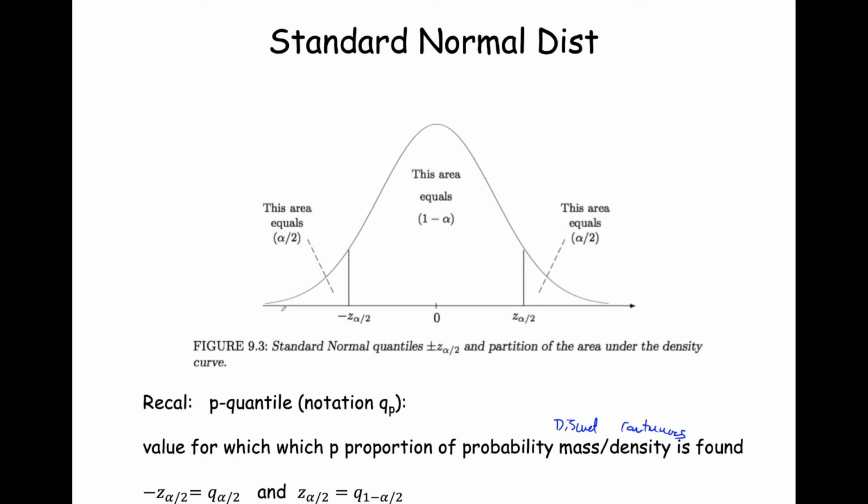If you were to take the integral from minus infinity up to that point, that's going to be 1 minus alpha over 2, the last quantile for that particular partitioning of our distribution. Here we're using the quantiles of the standard normal or Z distribution. Hence, we call these things z-scores.